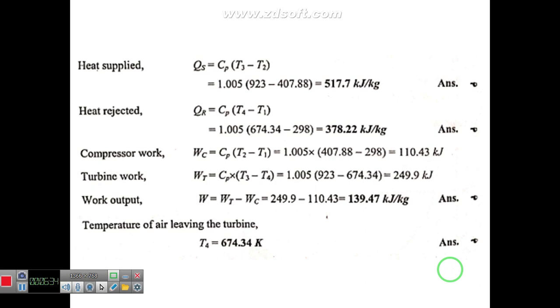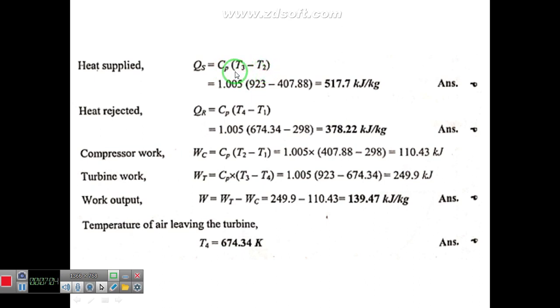Next we are going to solve the heat supplied and the heat rejected. Heat supplied is the 2 to 3 process. Heat rejection is the 4 to 1 process. Our general heat transfer formula is m cp into change in temperature. Here the mass is not given, so it is cp into T3 minus T2.